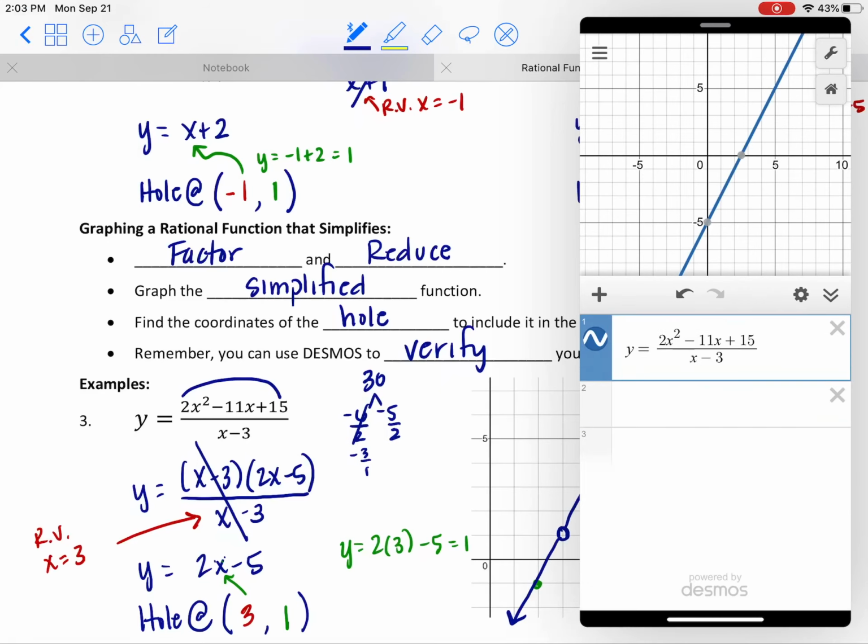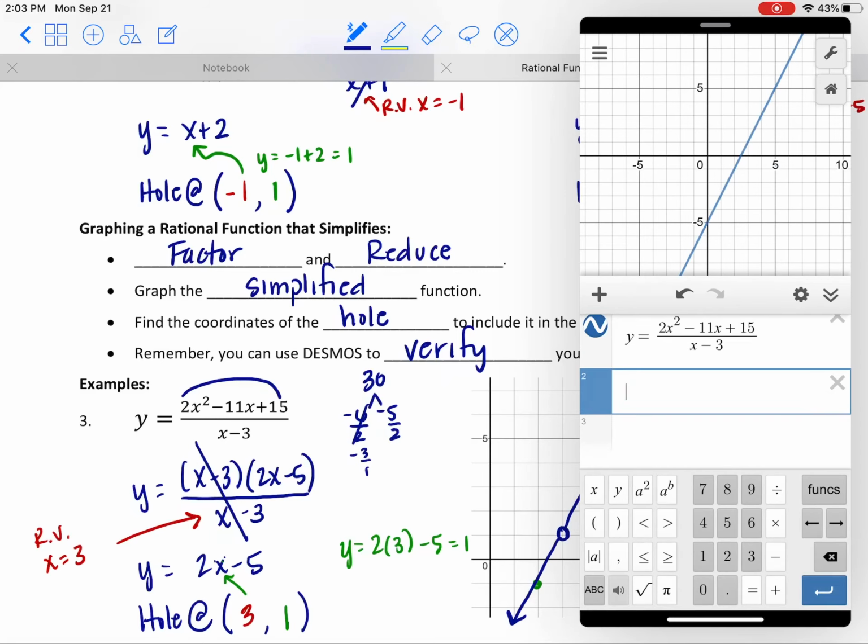I just need to show the hole. Now, again, if I tap on the graph here and just follow the graph with your finger, or your mouse if you're on the computer, you can see when you get to positive 3 that it's undefined, right? We want to show that. We want to make sure that stays there.